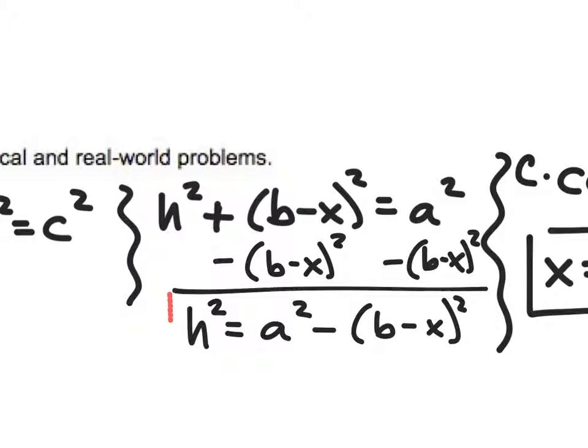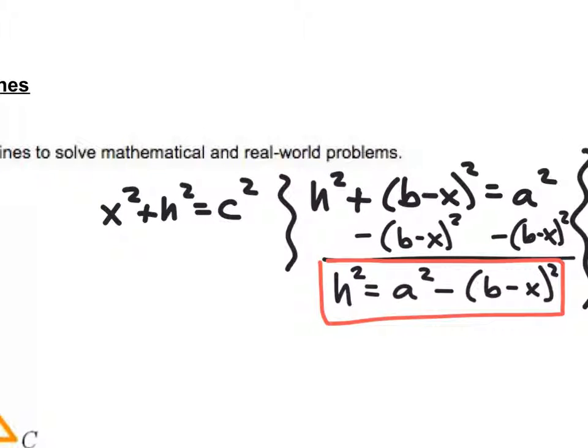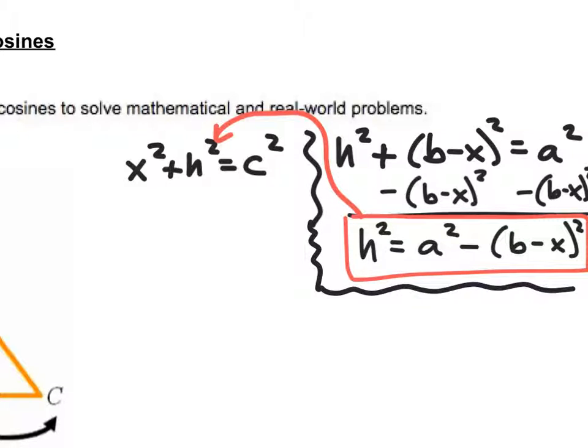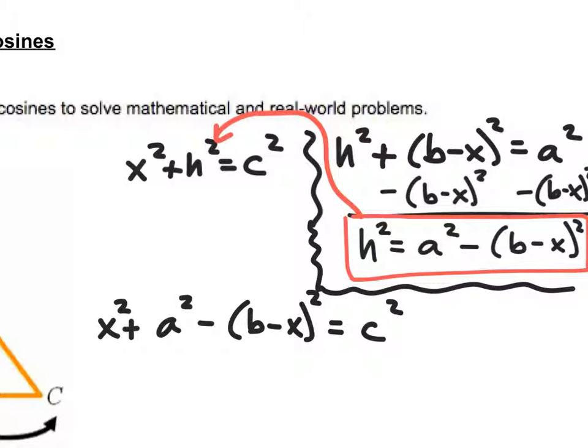Now I'm going to plug this value in and substitute it for h squared in my other equation. So let's do some math here. I'm going to write x squared plus, instead of h squared, a squared minus the quantity b minus x squared, and that's going to equal c squared.